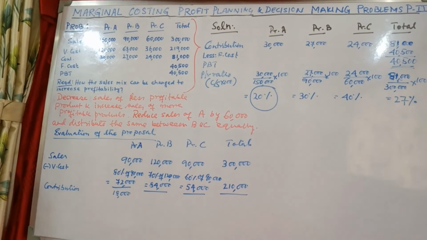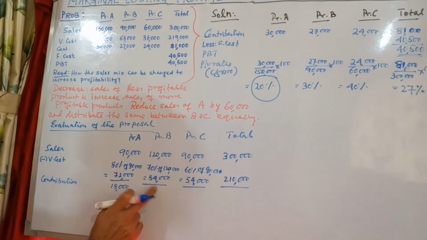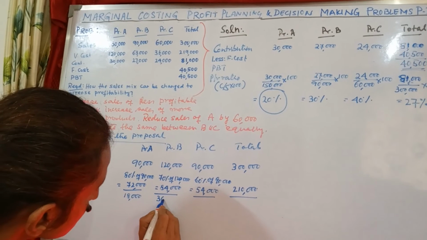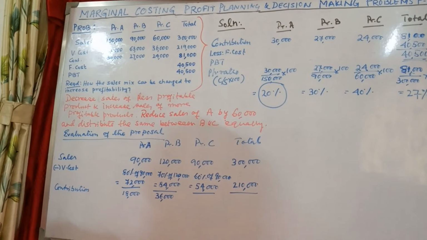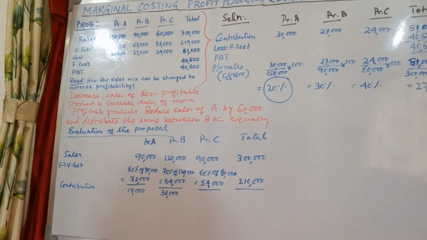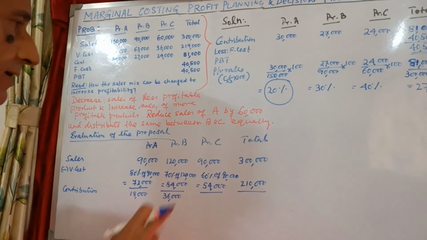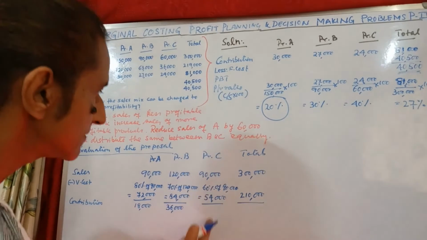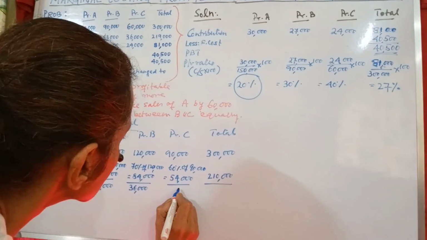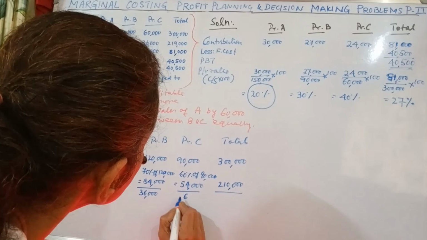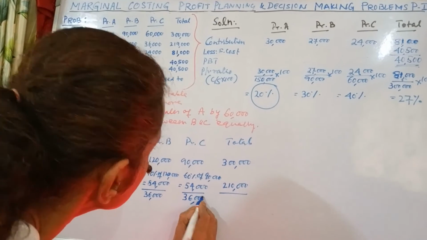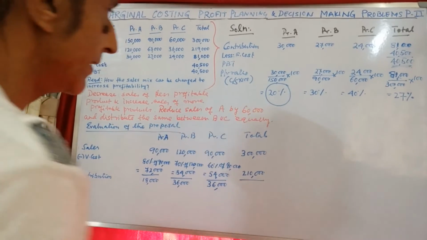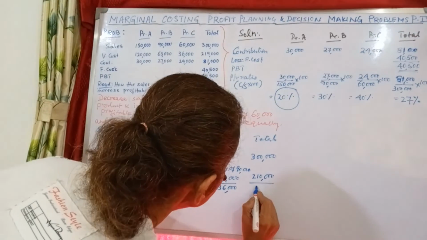Here it is 120,000 minus 84,000, that is 36,000. And here it is 90,000 minus 54,000, that is 36,000. Sorry, and the total is 90,000.